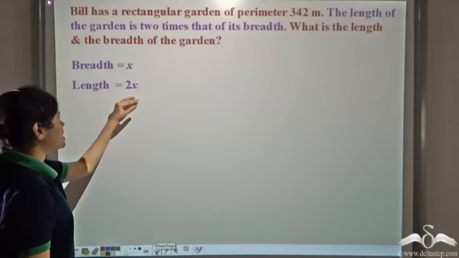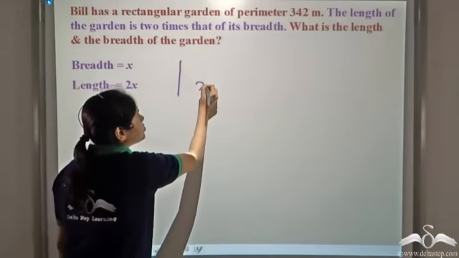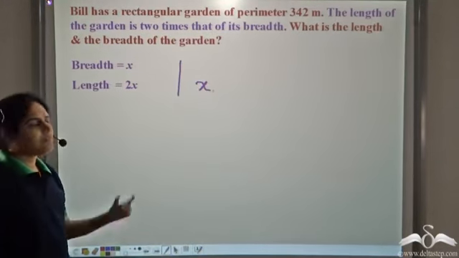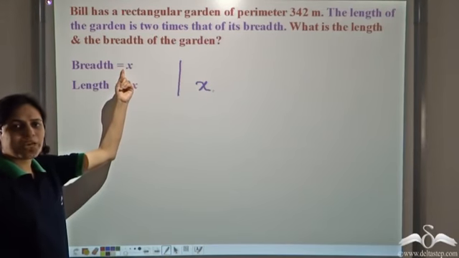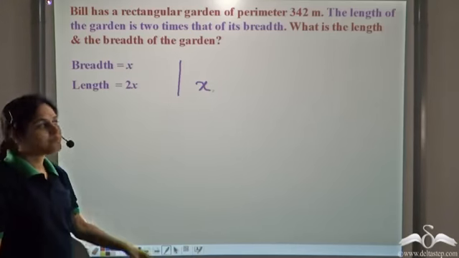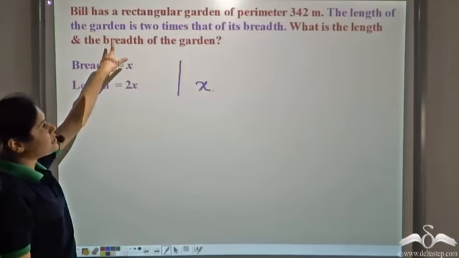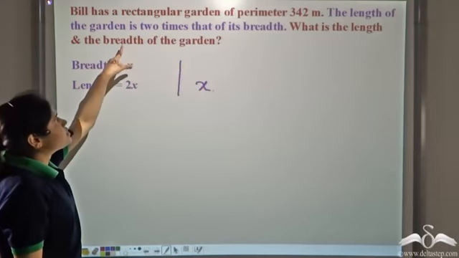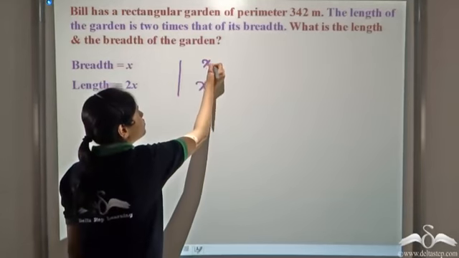Now, alternatively, we could have taken length to be x. We can take any of these. We have taken breadth to be x here, but we could also have taken length to be x. If we take length to be x, then by the condition that length is 2 times the breadth, breadth will be x by 2.